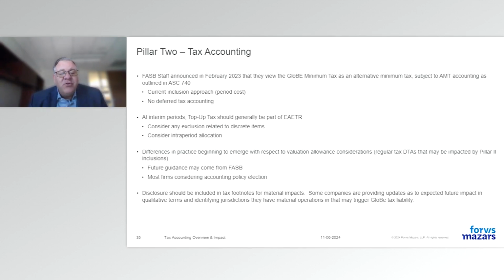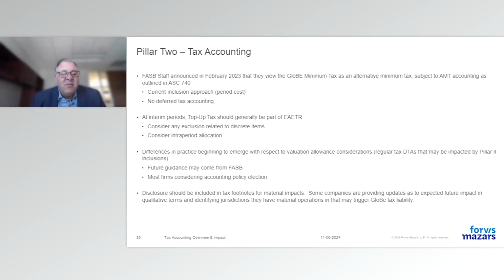From a disclosure standpoint, from a qualitative kind of footnote disclosure standpoint, we would say that any potential material impact should be identified, adjusted. We should be looking or seeing in the various tax footnotes what the expected future impact is, some estimate of that, whether it's material or significant or immaterial.